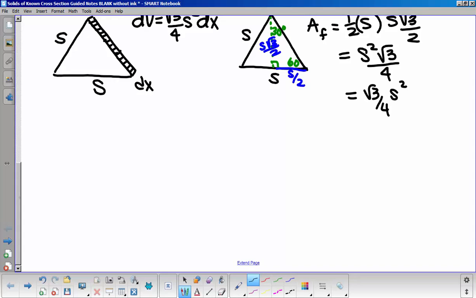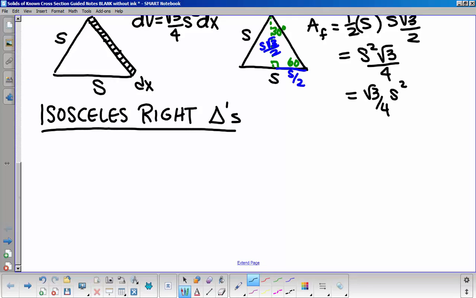I showed you that you might have an isosceles right triangle instead of an equilateral. And I showed you the case where the legs were on the area. So that's going to be sitting with the leg on the area, and its thickness will be dx. And so isosceles means we have two sides that are congruent on either side of the right angle.